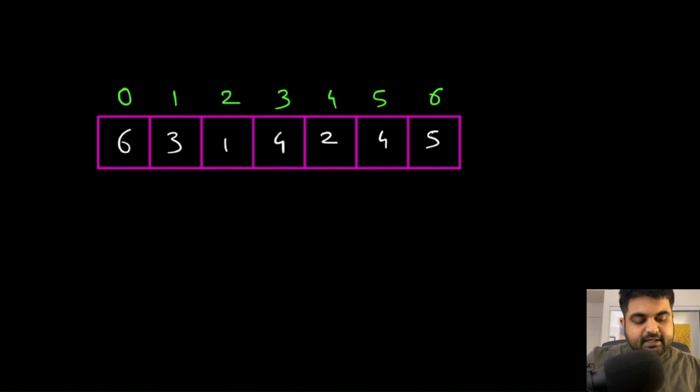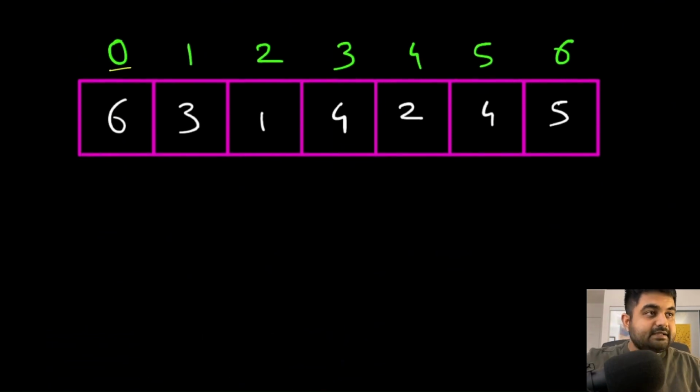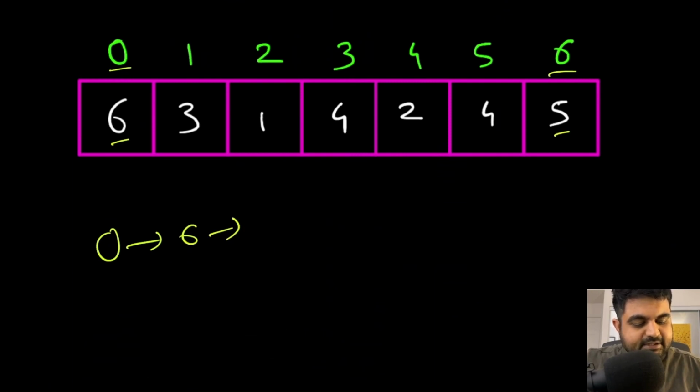Let me just show you what I mean, and then it would make much more sense. Currently we are at the 0th index, and it is pointing to index number 6. Index number 6 is pointing to index number 5. 5 is pointing to 4. 4 is pointing to value number 2. 2 is pointing to value number 1.